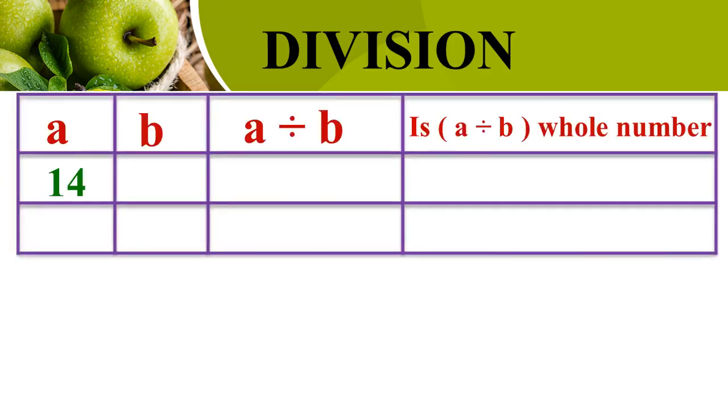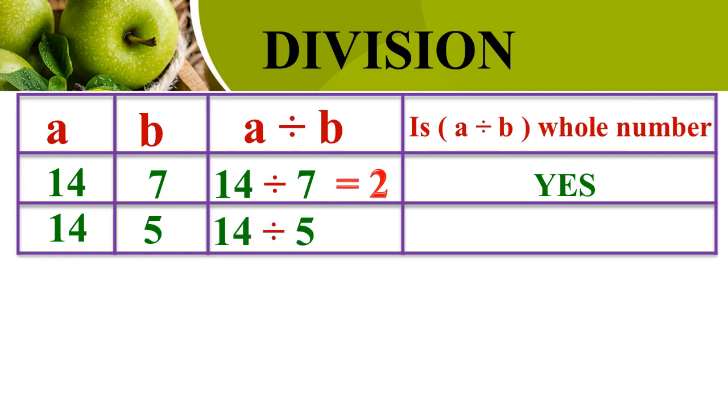Next, division. Here, A equal to 14, B equal to 7. Now we want to divide 14 by 7. 14 divided by 7 equal to 2. Is A divided by B a whole number? Yes. Next, A equal to 14, B equal to 5. 14 divided by 5 is not a whole number.